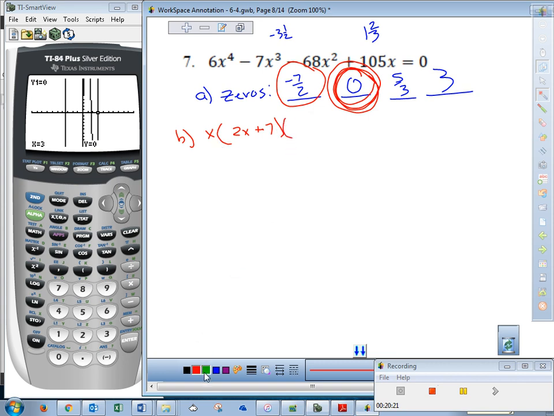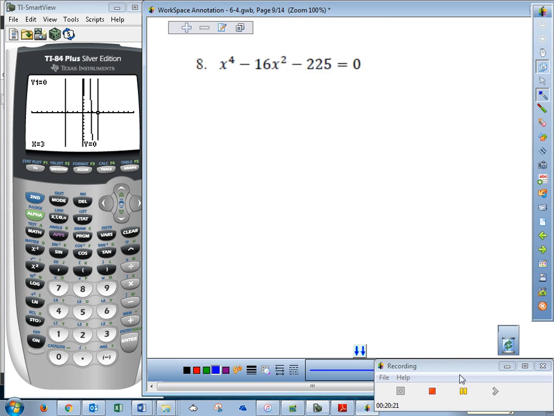Then this 5/3, who's in front of x? The 3. And then should it be plus 5 or minus 5? Opposite of your numerator. And then x minus 3 equals 0. Factored form. Cool. Factored form. One more of these. Nice and fun.